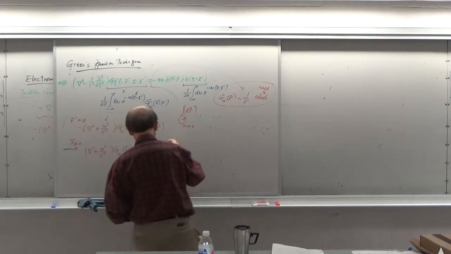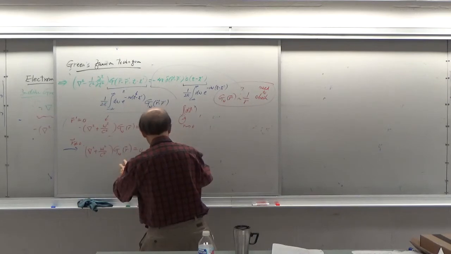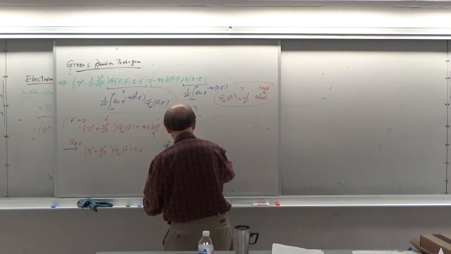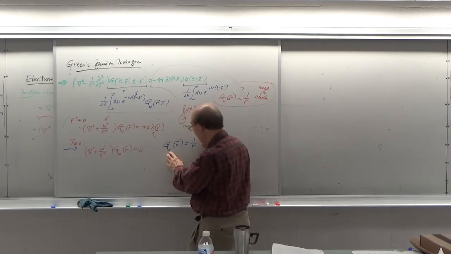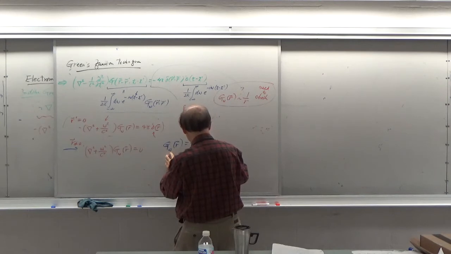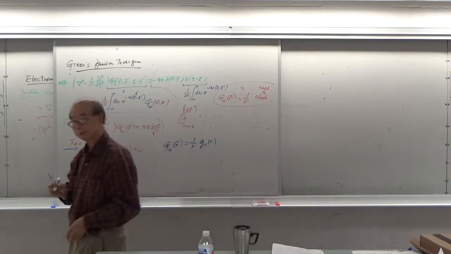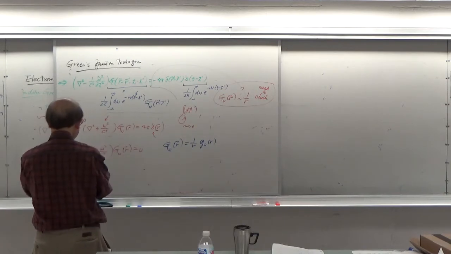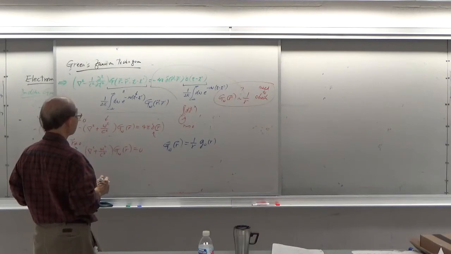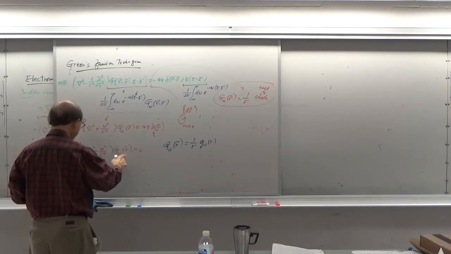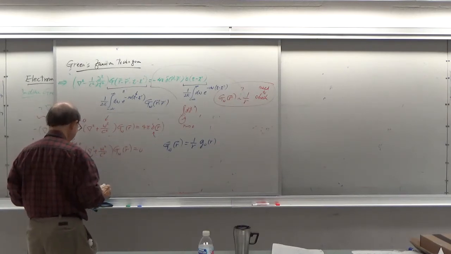So let me now write g sub omega of r equals 1 over r, which would be the result for the static case when omega is 0, but now multiplied by a function small g sub omega of r. And in that case, then what happens?